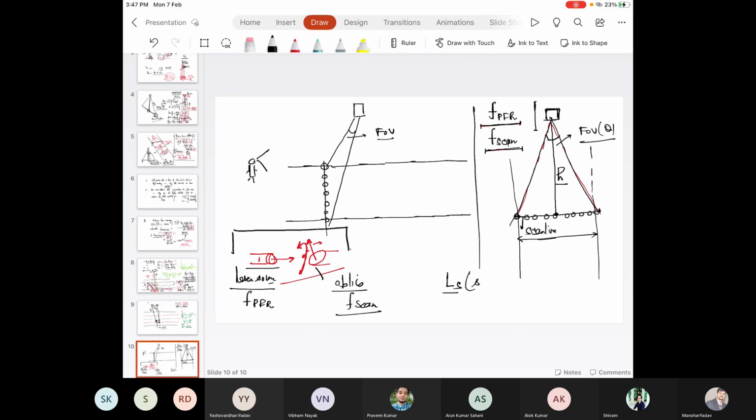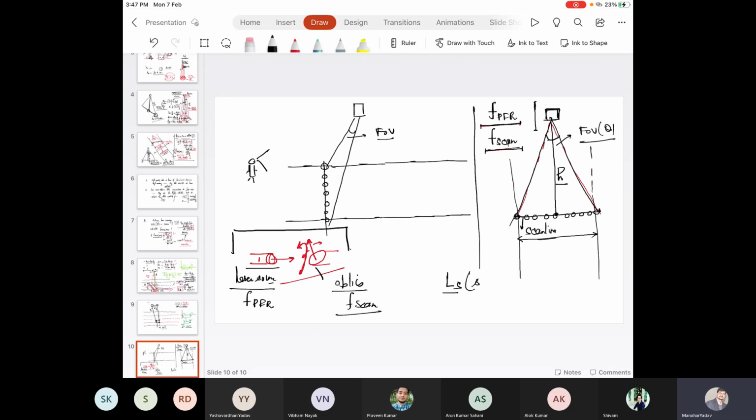Sir, H sin theta. Hmm? H sin theta. All of you solve it geometrically. How much will it be?